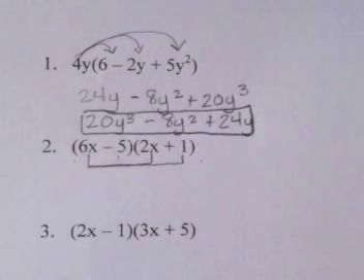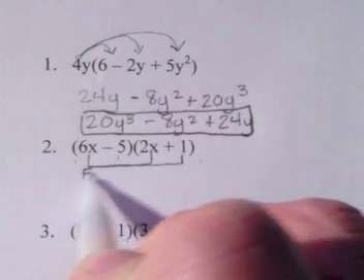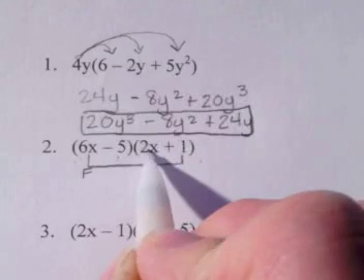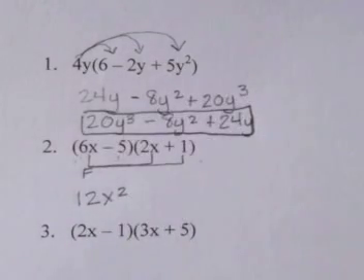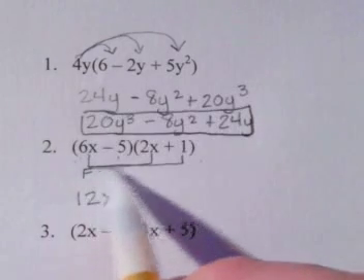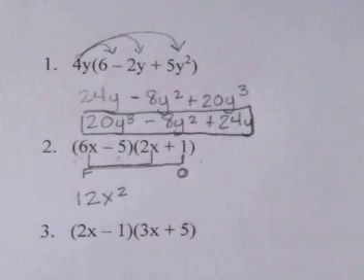Some of you use a FOIL method to multiply two binomials, others use the box, and either method is just fine. For this example, I'm going to FOIL. So I'm going to multiply the two first terms and get 12x squared. Then I'm going to multiply the two outer terms. That's where we get the O in the acronym FOIL.